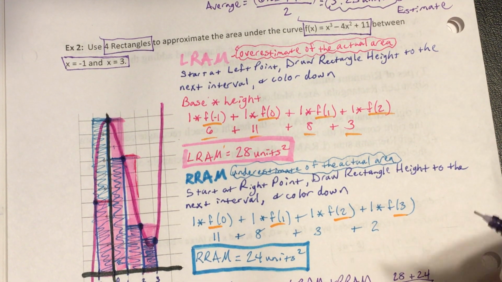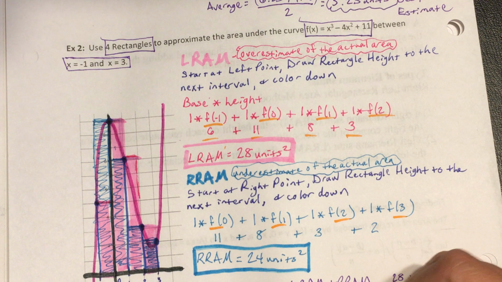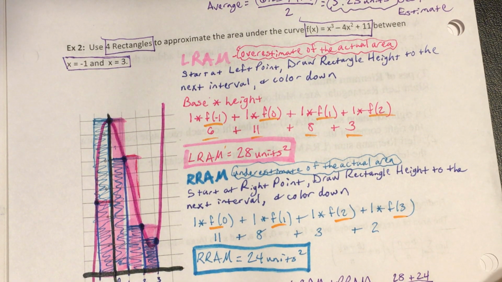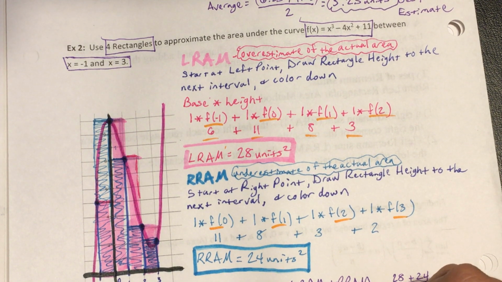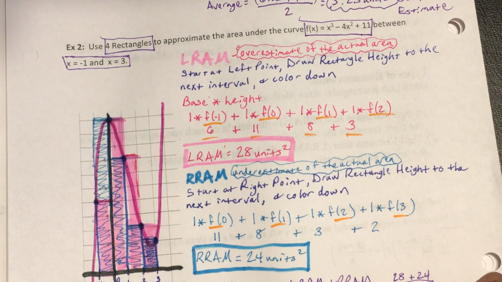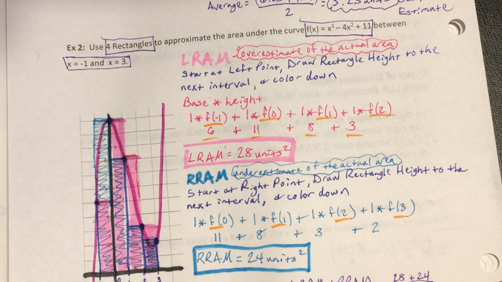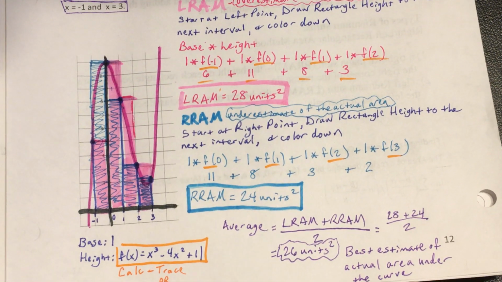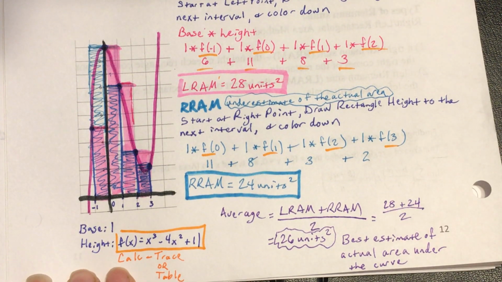And again, it's still an estimate, but this would be our best estimate of the actual area under the curve. And in the next video, we'll go ahead and take a look at the problems on the next page.